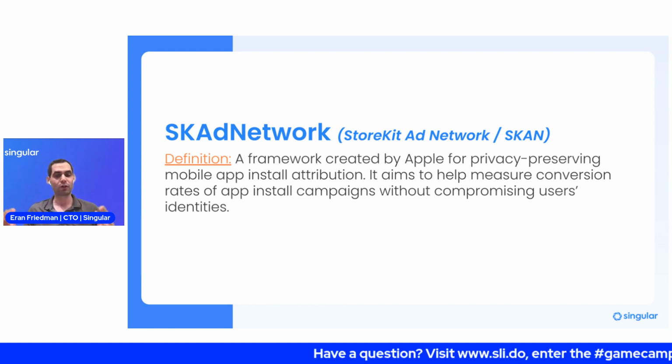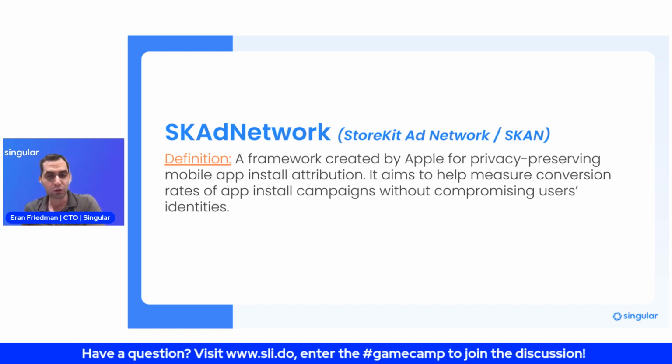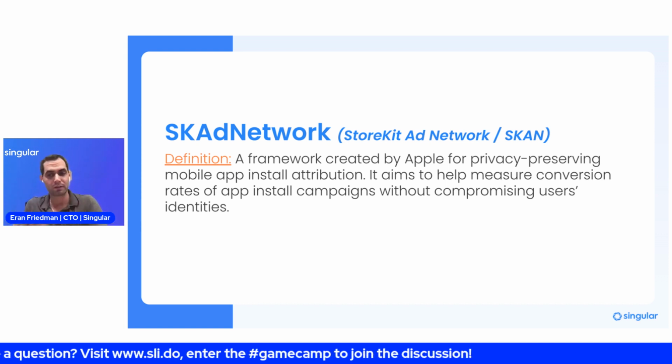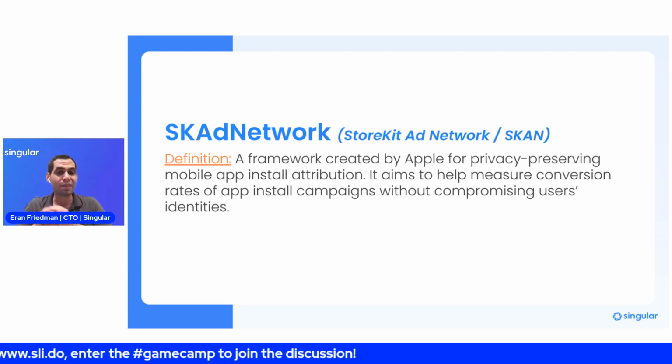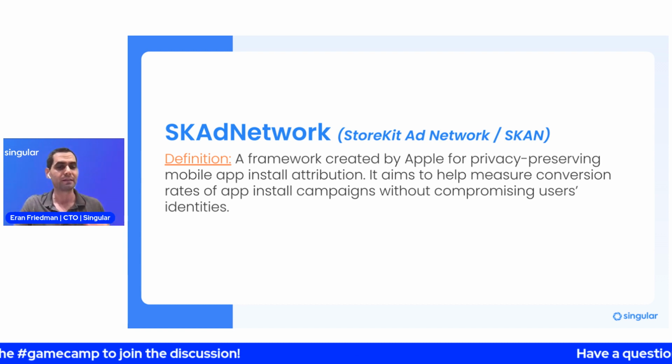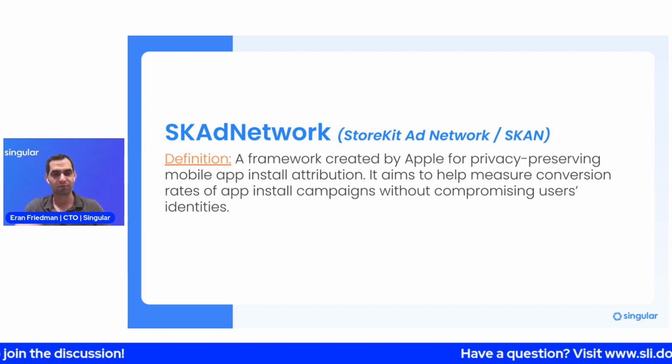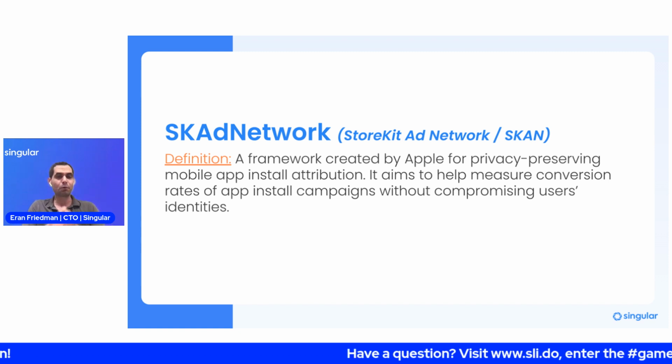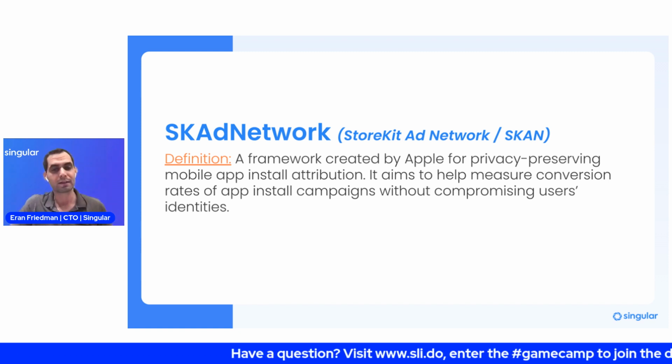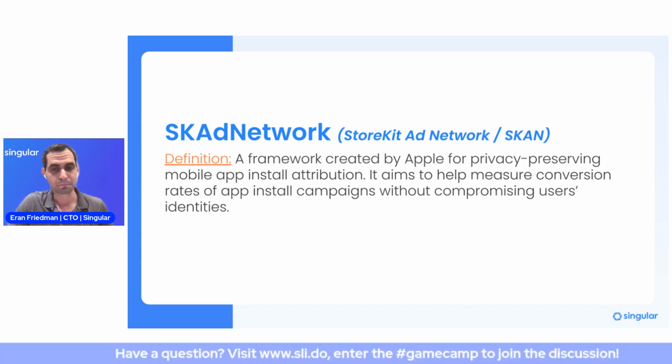The idea is it tries to provide attribution, so marketers understand how many users came from which campaigns and what these users do without compromising the user's identity. So, without getting to device-level attribution, but still providing a good aggregated result of your performance.